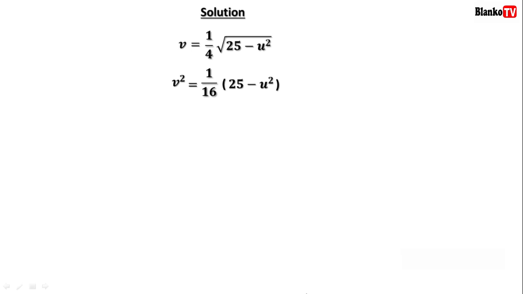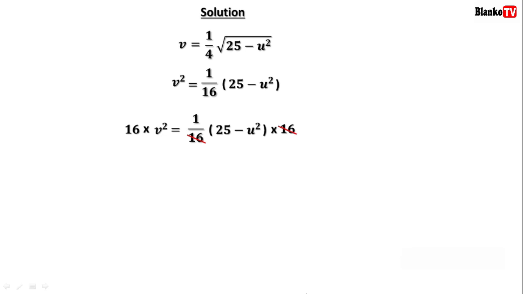Alright, so we multiply the left hand side by 16, then we multiply the right hand side also by 16. So we have 16 multiplies v squared equals 1 over 16 multiplying 25 minus u squared multiplying 16.